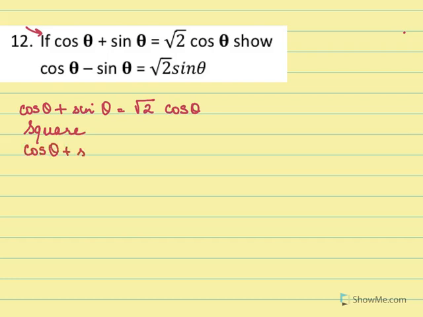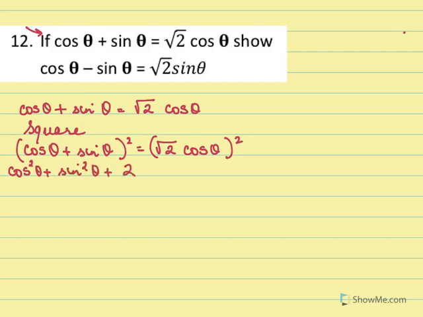On squaring we'll have cos theta plus sin theta the whole square equal to root 2 cos theta the whole square, squaring on both the sides. a plus b the whole square, a square plus b square plus 2ab, and here root 2 cos theta the whole square, root 2 into root 2 is 2, cos theta into cos theta is cos square theta.